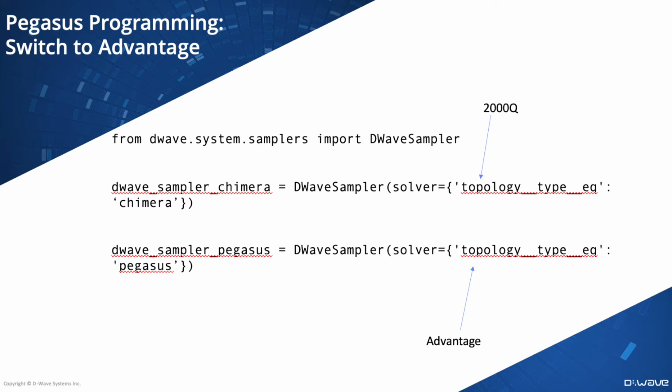In the line here, first you have your import of D-Wave sampler, but then in the middle line there, you can specify Chimera as the topology type. And here you can do the same thing for Pegasus. You just change it to Pegasus, and that'll focus on the currently available Advantage machine. And that's it. That will start running your problem on the Advantage chip.